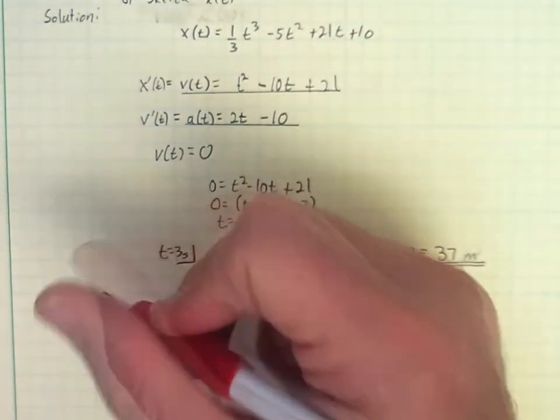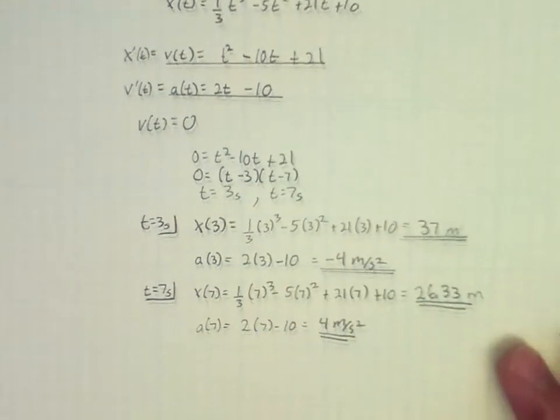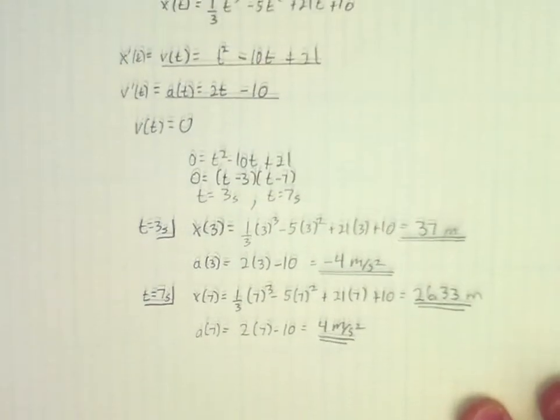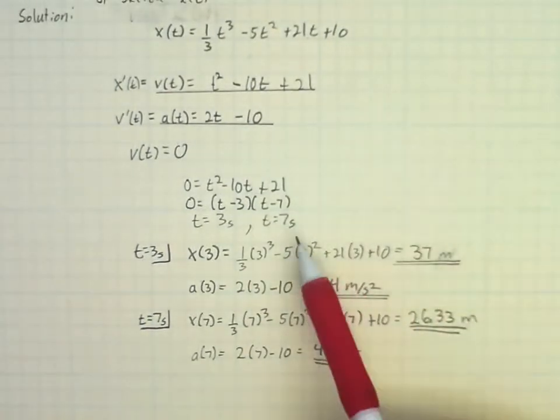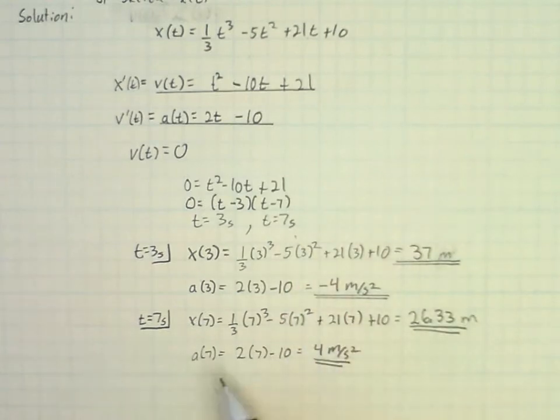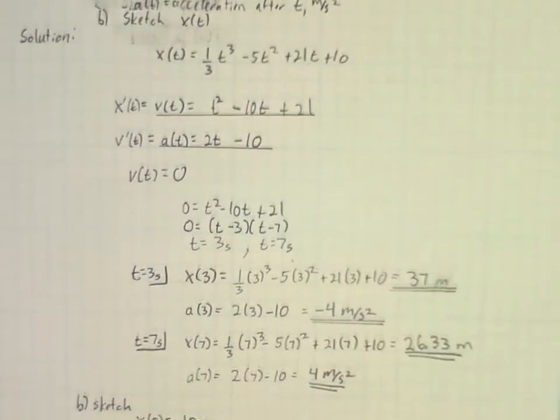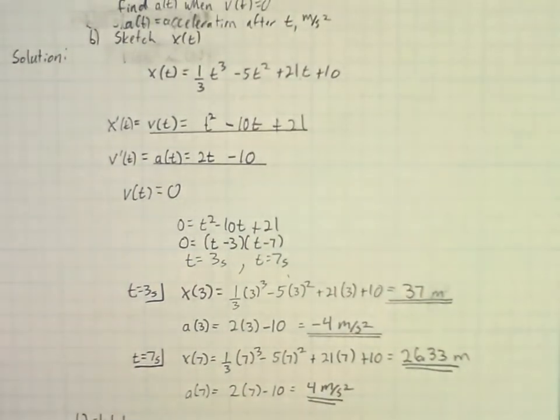We would do the same thing for t equals 7, our other solution we found here. We get that x of 7 is 26.33 meters, and the acceleration is positive 4 meters per second squared. One of the things we can know about that is we talked previously about these ideas of local max and local min.